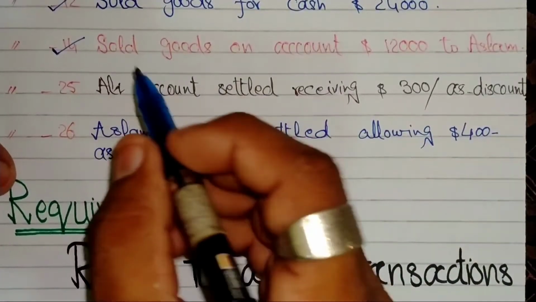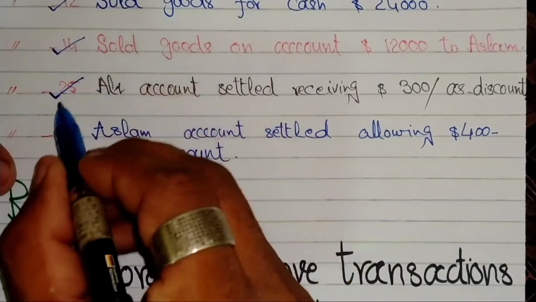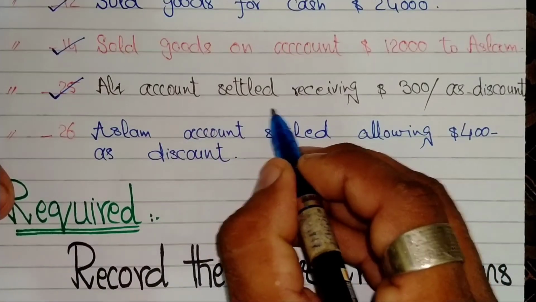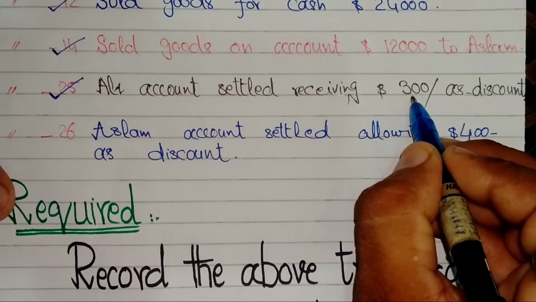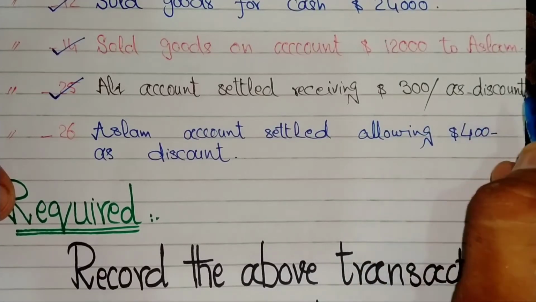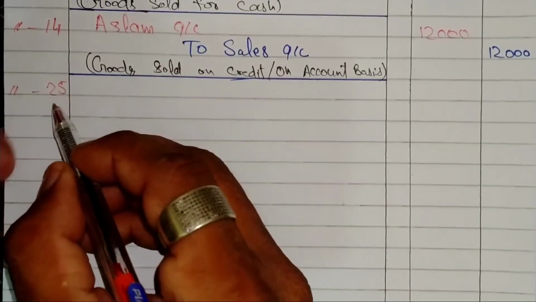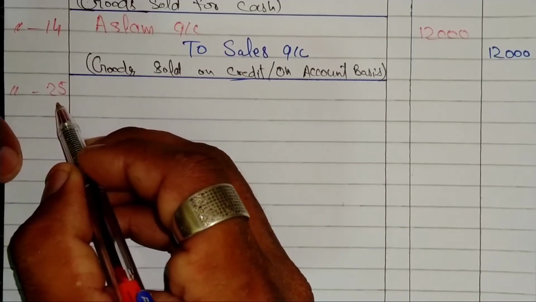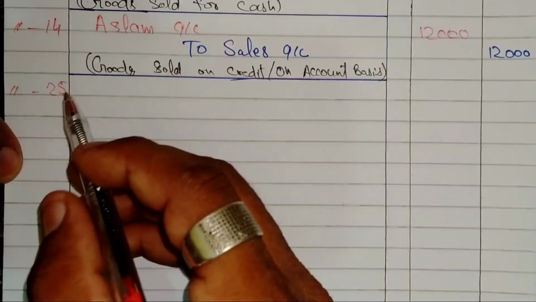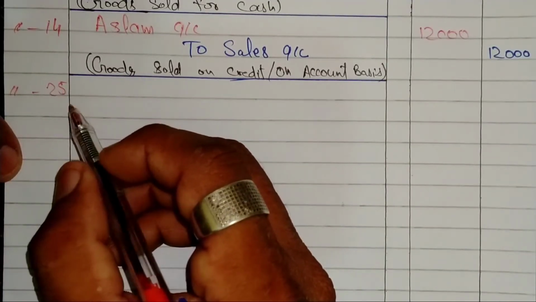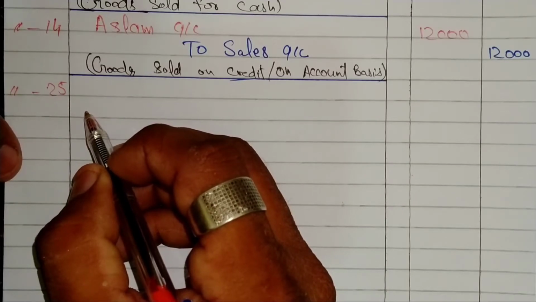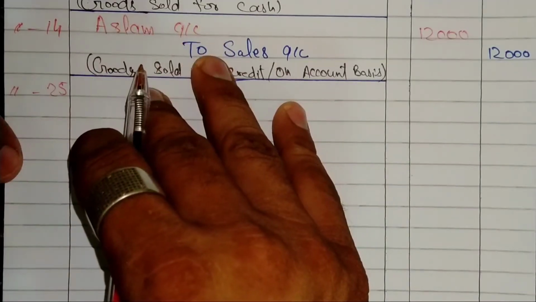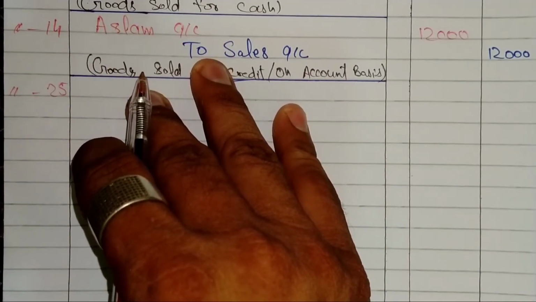Next transaction is on 25 March, Ali account settled receiving amounted $300 as discount. Before entering this entry, we recall Mr. Ali account first.